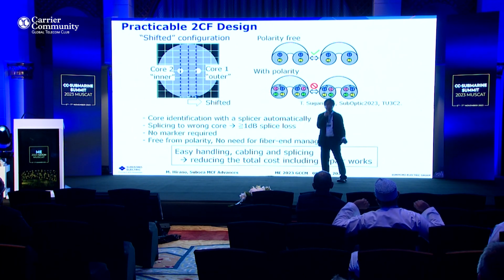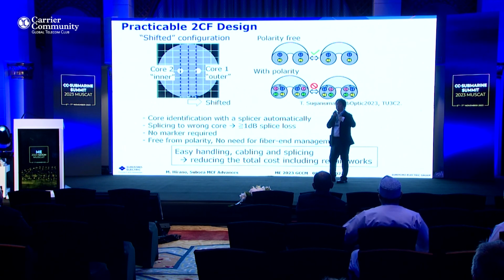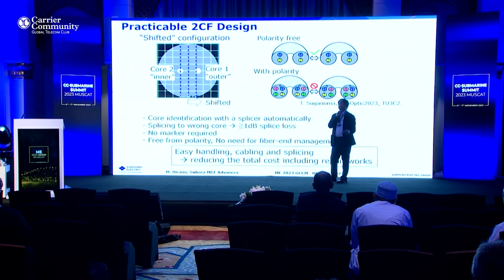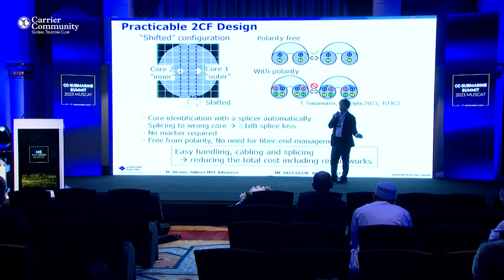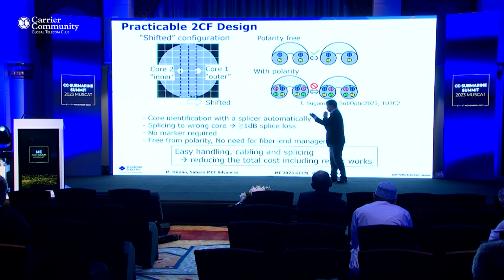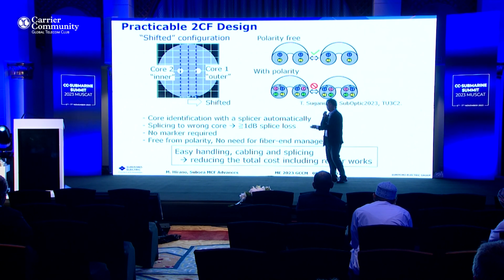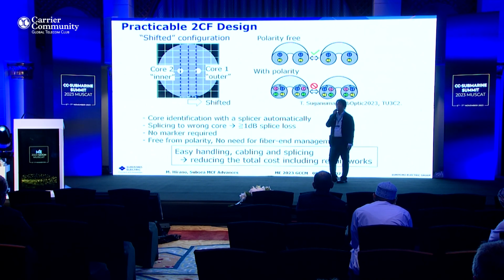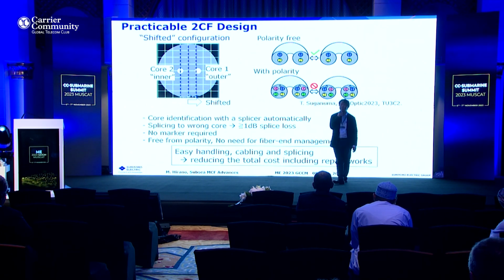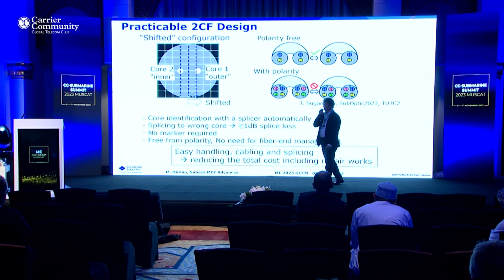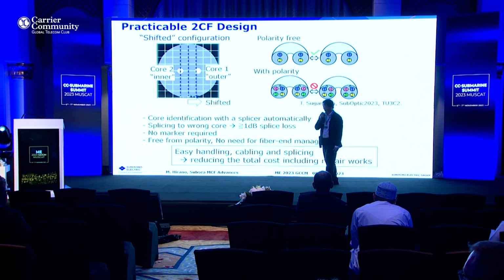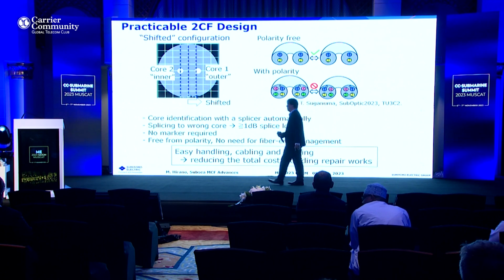So you have to care about the fiber direction in the cable, and also the repair cable. If you make a mistake with the start end and the finish end of the repair, then you cannot make the splice. That's polarity. Is that okay? Yep. Thank you.